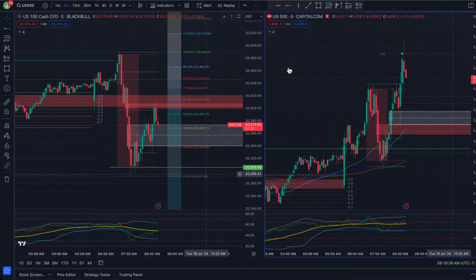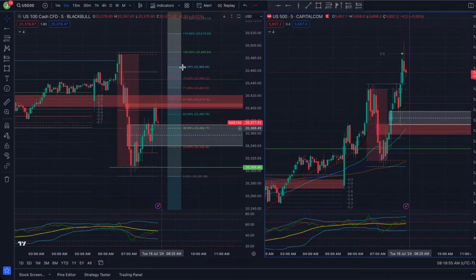Ideally, we'd like to see these match up, where US 500 hits a key point and rejects, and NAS hits either the consequence encroachment, maybe even sweeps this, but we want to see a definitive rejection to let us know that this thing actually wants to go up. Both of them want to go up, or if NAS is going to pull US 500 down.